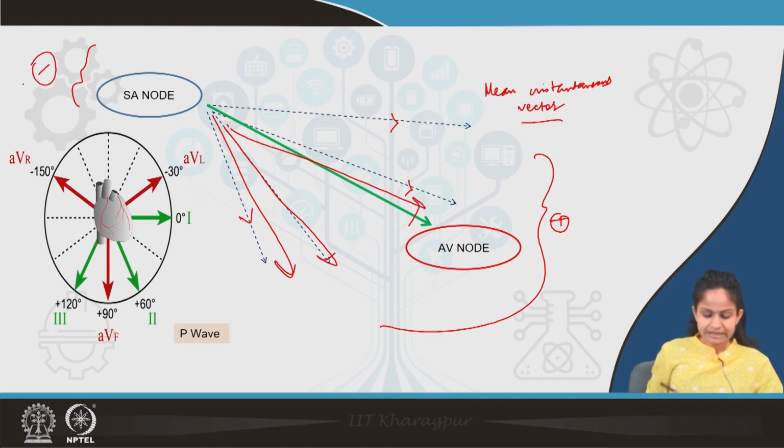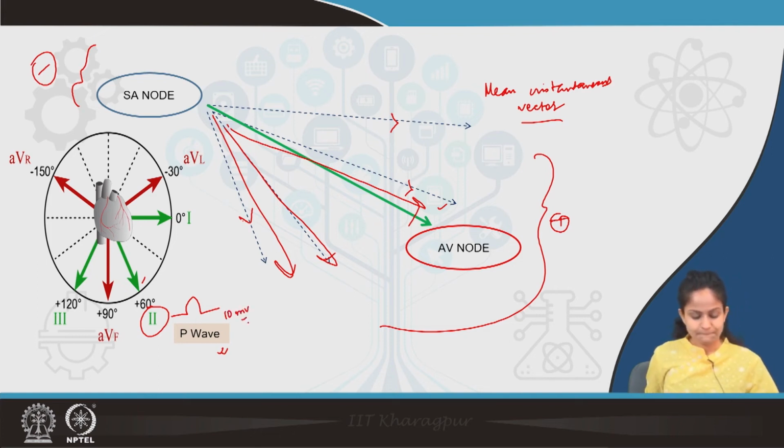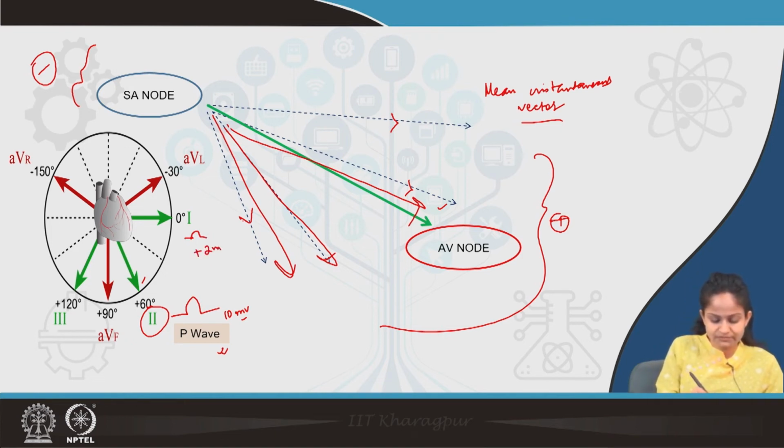For example, in this case, SA node to AV node means atrial depolarization, we will get the P wave. In lead 2, as we can see in the green direction, it is almost parallel, so it will give a deflection of, say, 10 millivolt. In lead 1, it will definitely give a positive deflection, but this deflection may not be the 10 millivolt which we had seen in lead 2, it will give a deflection of, say, plus 2 millivolt.